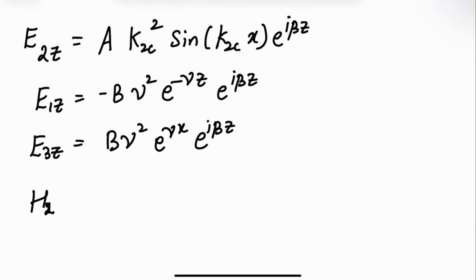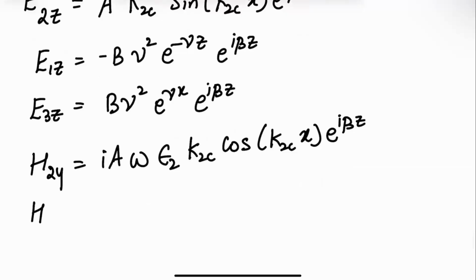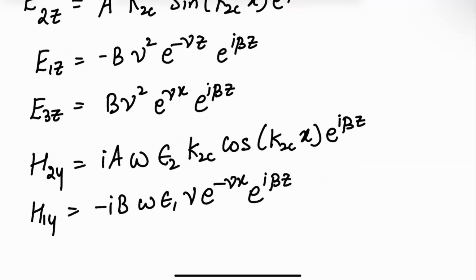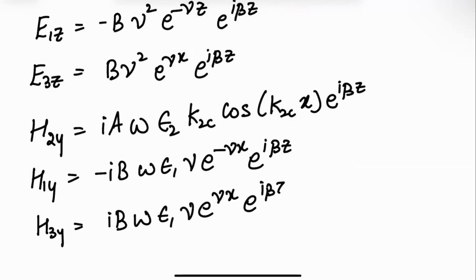H2y is equal to I A omega epsilon2 k2c cosine k2c x e to the I beta z. H1y is minus I B omega epsilon1 nu e to the minus nu x e to the I beta z. H3y is equal to I B omega epsilon1 nu e to the nu x e to the I beta z.